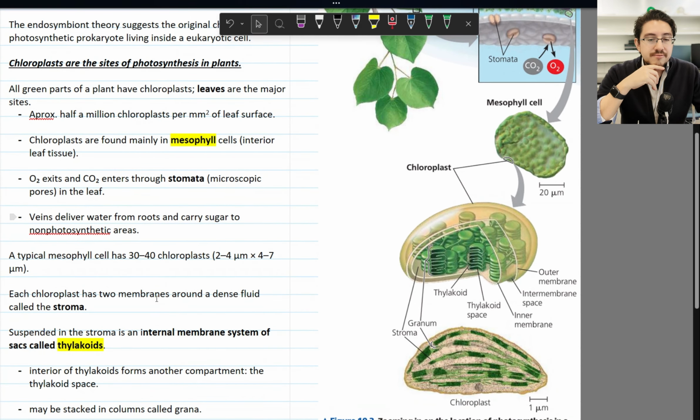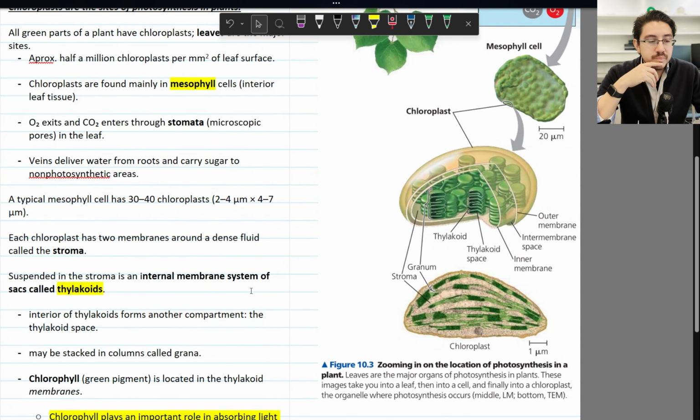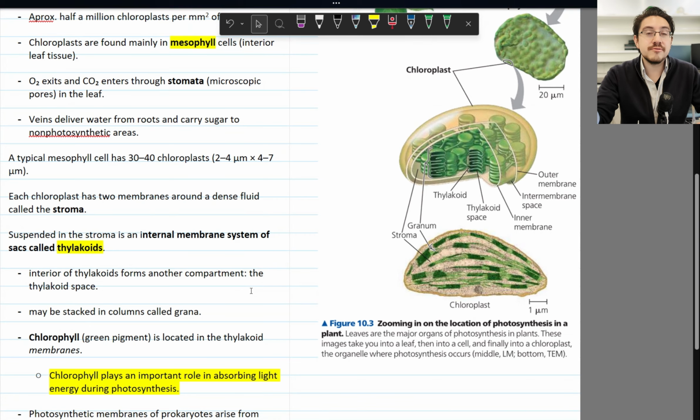Focusing a little bit on the mesophyll now, a mesophyll cell can have 30 to 40 chloroplasts, which have a size of about 2 to 4 micrometers in diameter, and this can vary. Each chloroplast itself has two membranes, as we know already from the tour of the cell chapter.